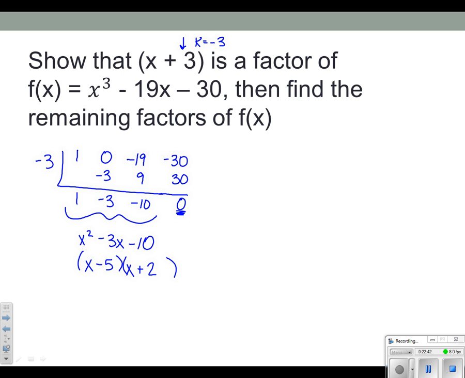So x plus 3 was one factor. They handed us that. We just found the other two. One way that you could check yourself to make sure you're right, you could multiply those 3 all back together again, and it should take you right back to x cubed minus 19x minus 30.